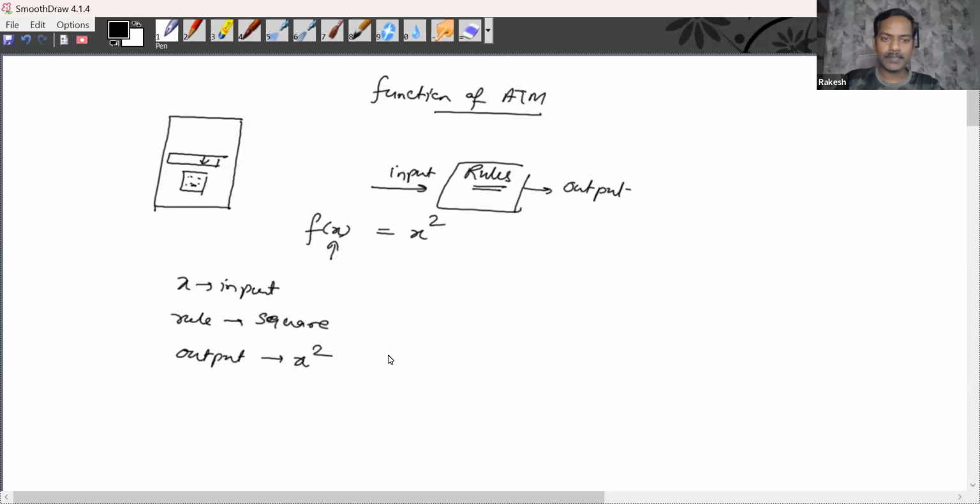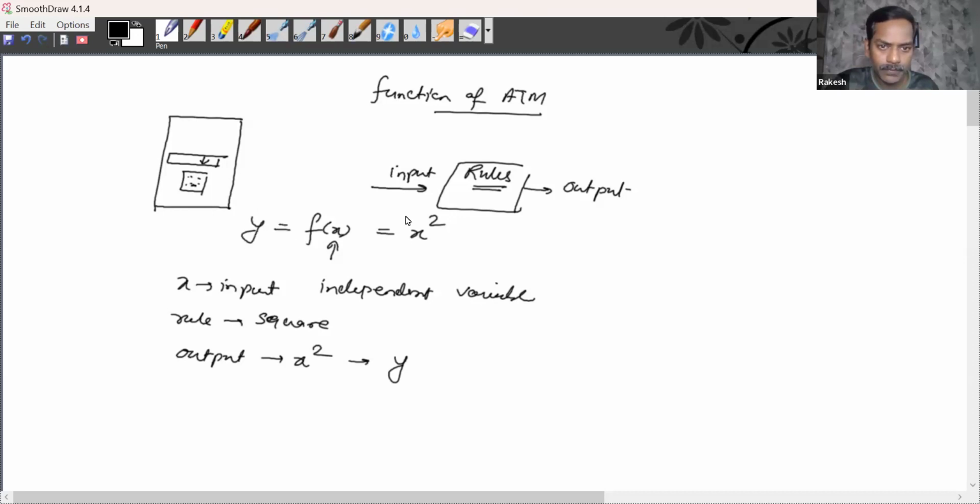Now, since in mathematics we have to get into the depth of what a function actually is, we'll be studying it in bits and pieces, every part of the function. So here x, whatever the input provided, we call it the independent variable. The output is many a time denoted by y.